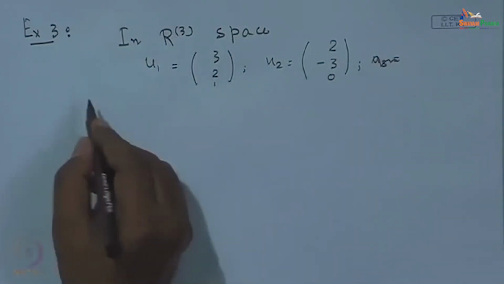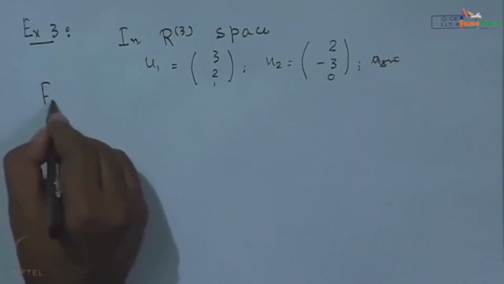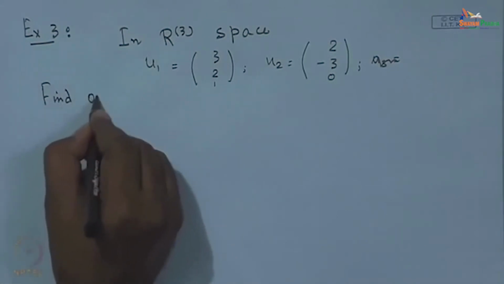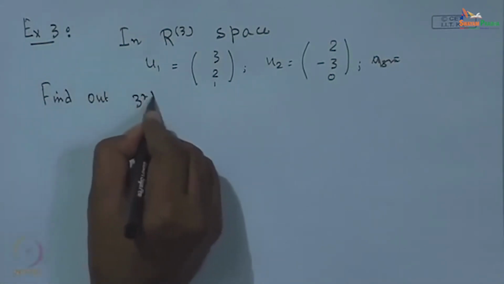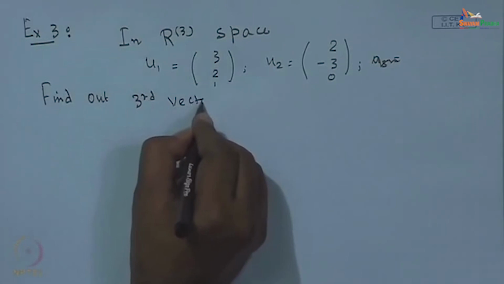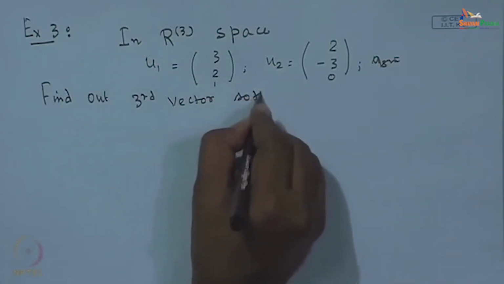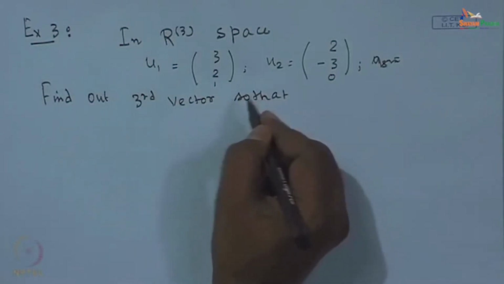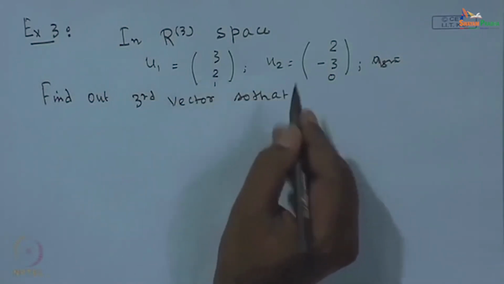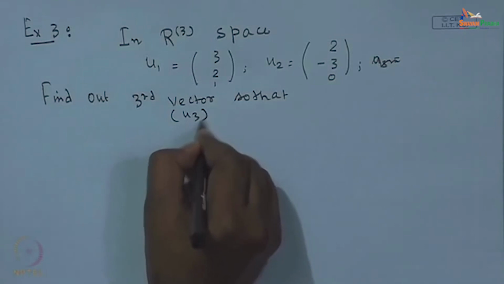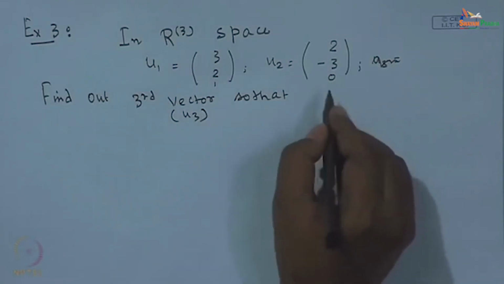These two are available, and we have to find out a third vector in the space, so that the vectors along with u1 and u2 will constitute a basis set of vectors.